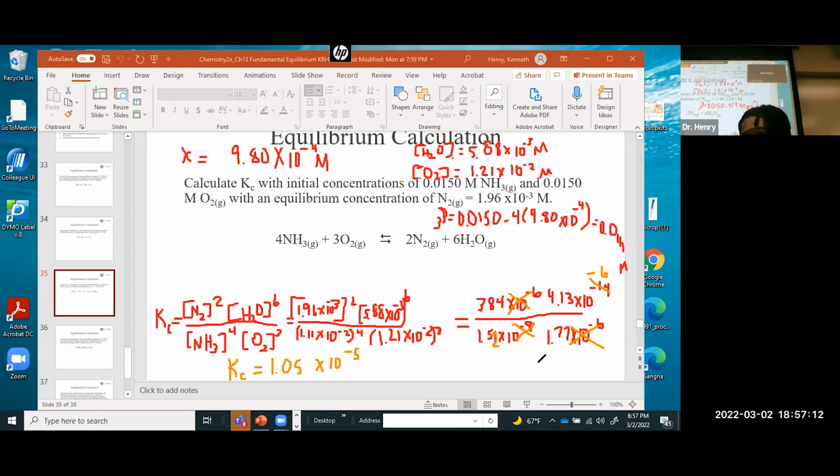And then 1.21 e to negative 2, and that's to the 3rd power, right? And so that's 1.77 times 10 to the minus 6.